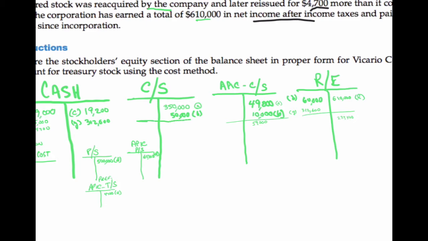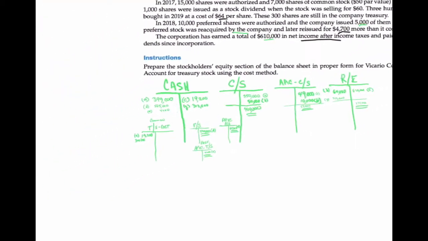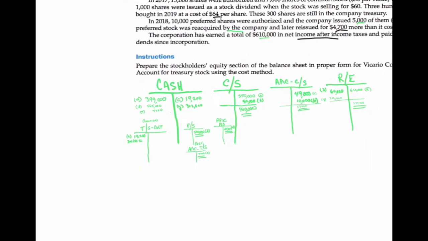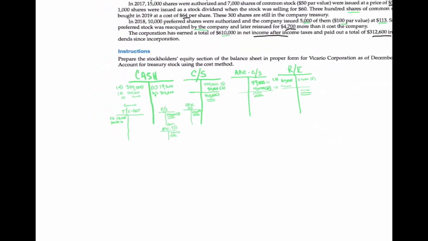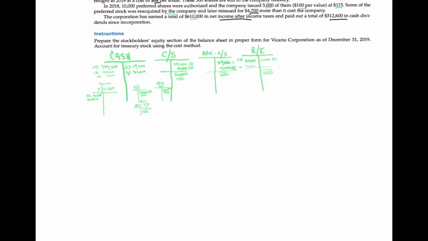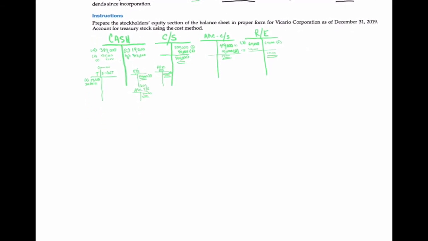This is going to be 400,000. 65 is a balance. 4,700 over here. And cash we don't care about so much because that's not in the stockholders equity section, but we do have 19,200 here. And that's going to give us the balances that we need in order to do our stockholders equity section.